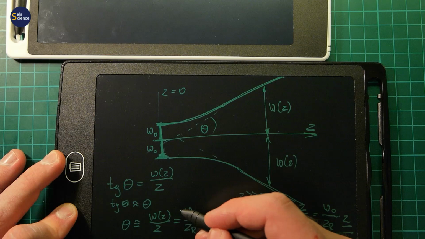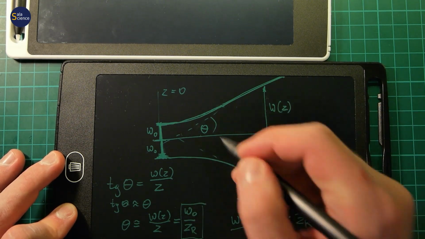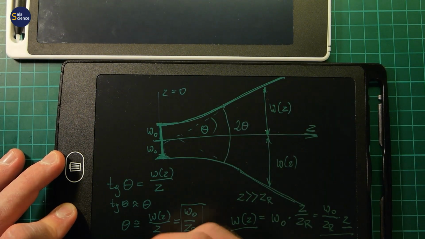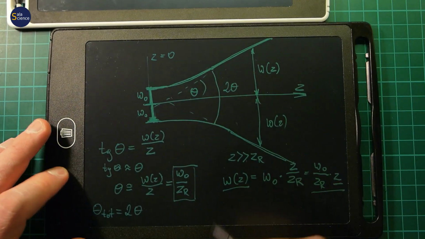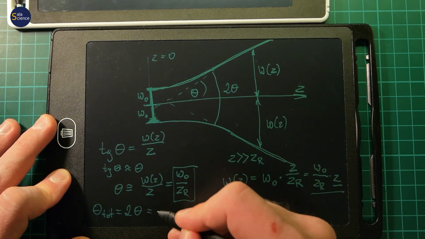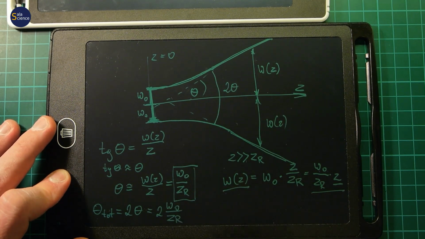So finally we have this angle W0 over ZR, which is the half angle of diffraction actually. The full angle will be 2 theta, so the total will be 2 times theta, so it is 2 times W0 over Rayleigh length.